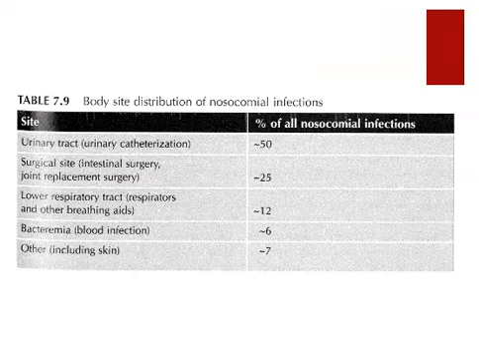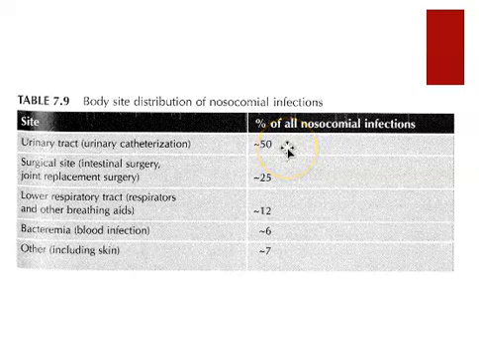This table comes out of a textbook, and it just shows us the different body sites where nosocomial infections tend to occur, and what percentage of all nosocomial infections those sites encompass. As you can see at the top of the table, the urinary tract is a particularly susceptible system in the body for nosocomial infection.